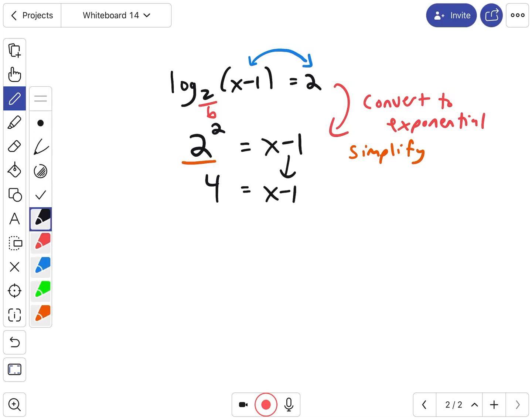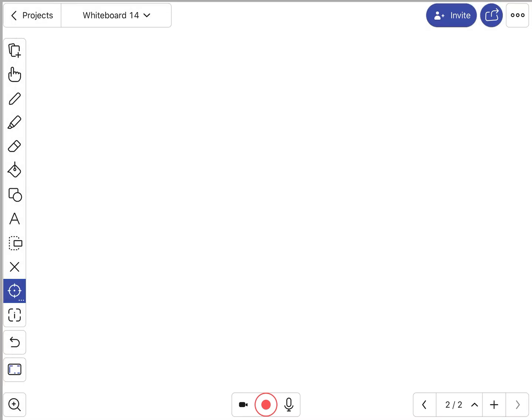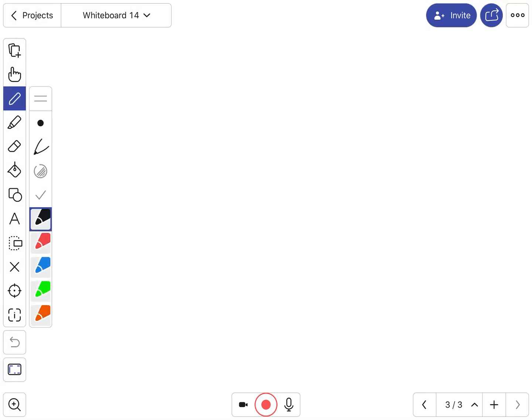And then we can do the last step and solve for x by adding 1. So the main trick is being able to have something to put in a calculator. Okay, so I'm going to go over a couple more challenging ones.